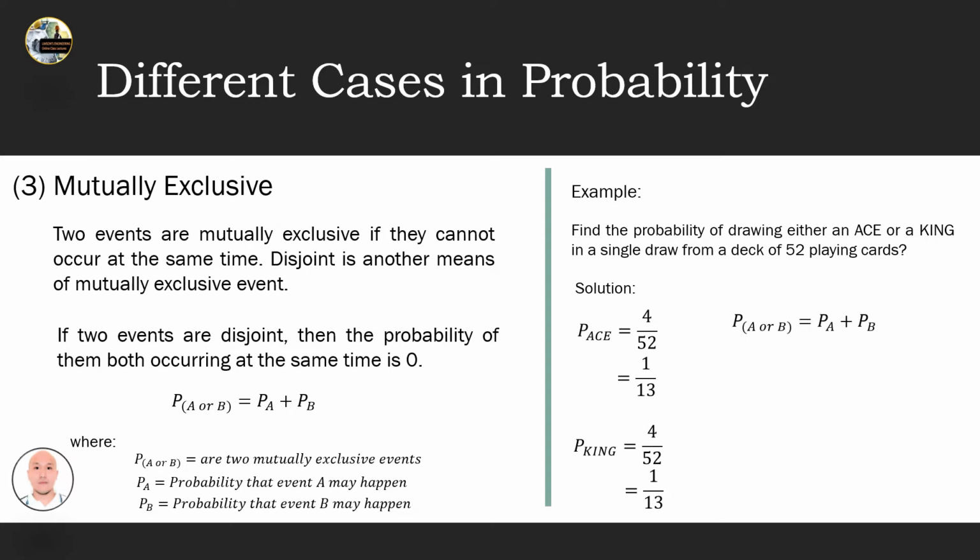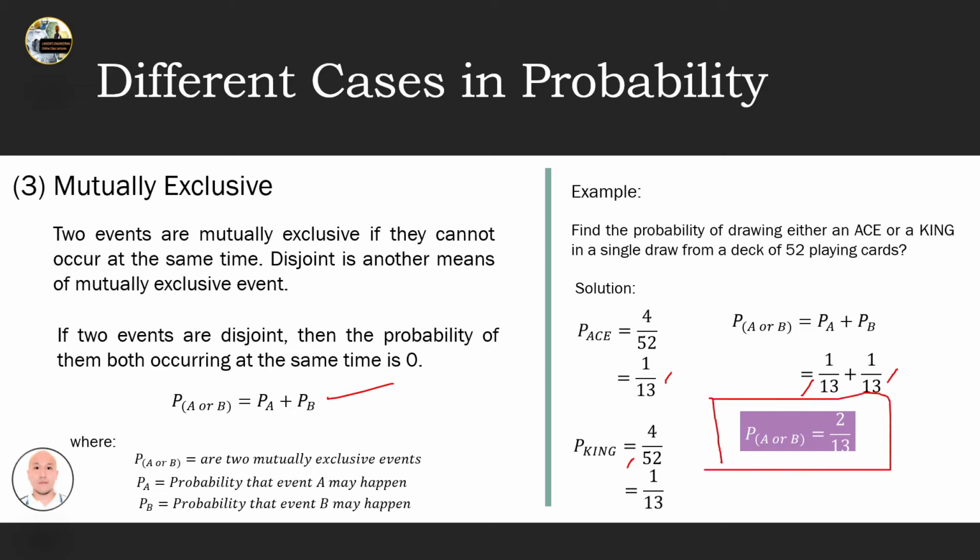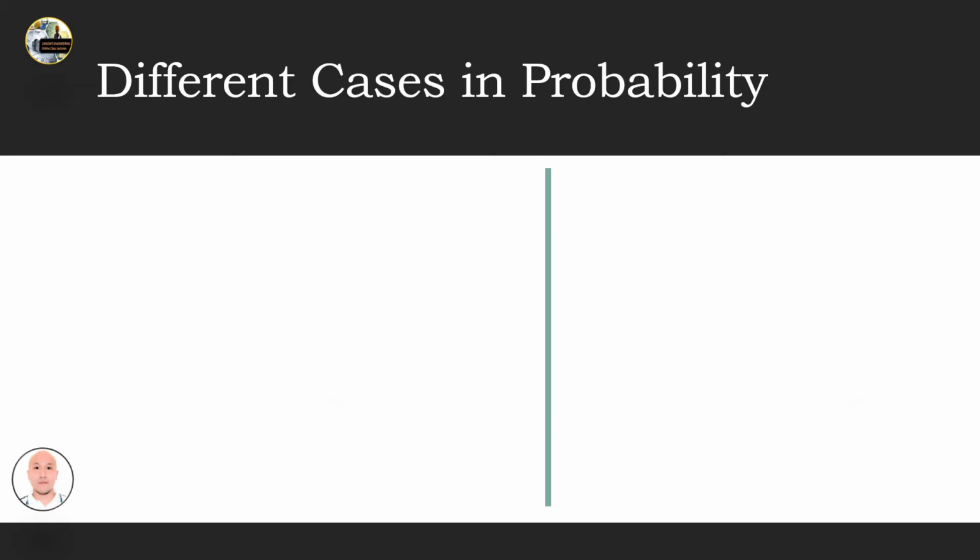For mutually exclusive events, P(A or B) is equal to P(A) plus P(B), using this formula. P(ace) is 1 over 13 and P(king) is 1 over 13. Our final answer is 2 over 13.